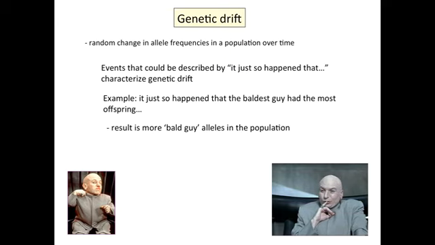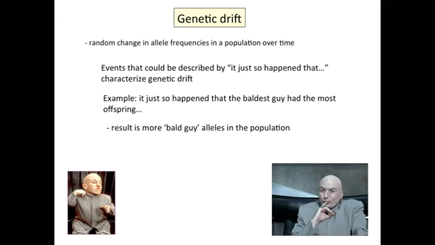It's a process that's not responding to features of the environment that we think about, such as natural selection being adaptive in some way. Genetic drift is just random change in allele frequencies in a population over time. Randomness is just a weird thing to think about being significant in an actual process, but it turns out to be very important. So how do we know when genetic drift is happening?